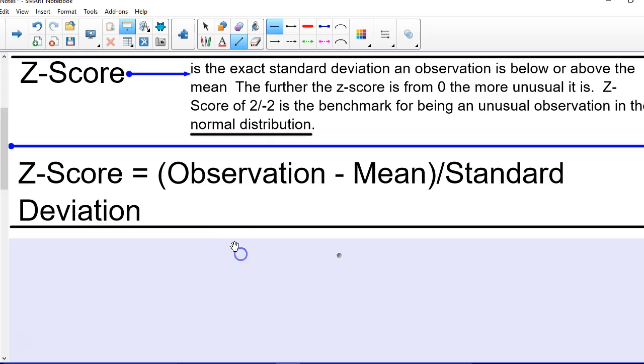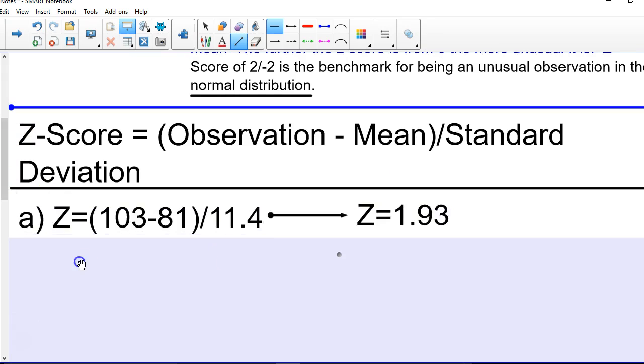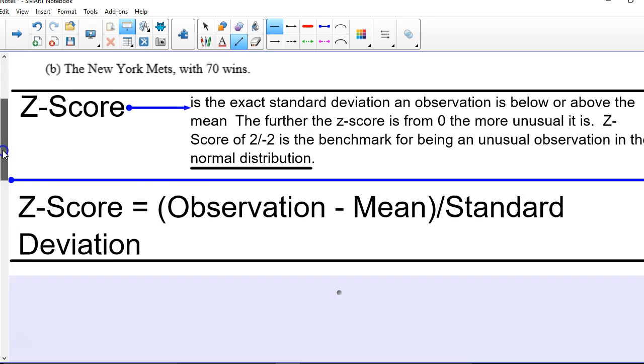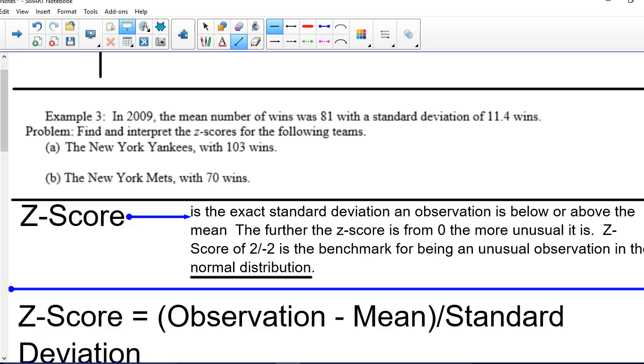Now the next thing you need to know is the z-score formula. The z-score is equal to an observation minus the mean. I put parentheses because it's really important you type it in your calculator the right way. And then you divide it by the standard deviation. So pause, write that down if you need to. We're going to go down to part A. The New York Yankees with 103 wins. That's our observation right there.